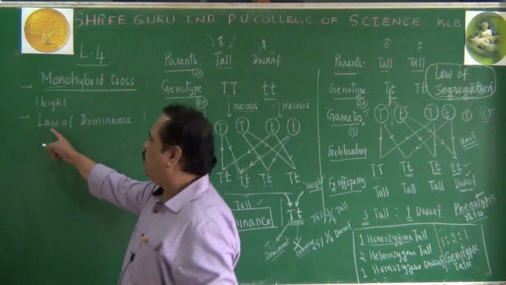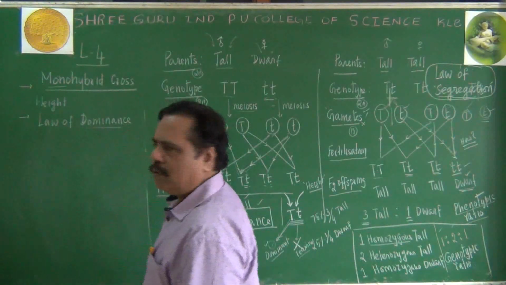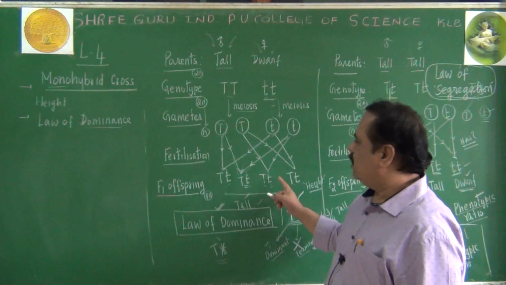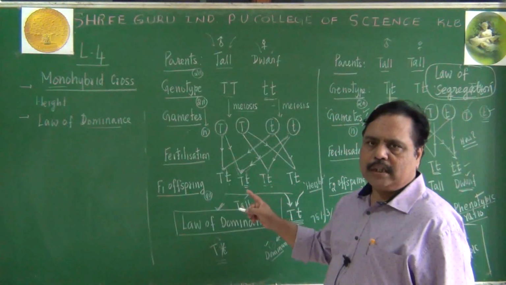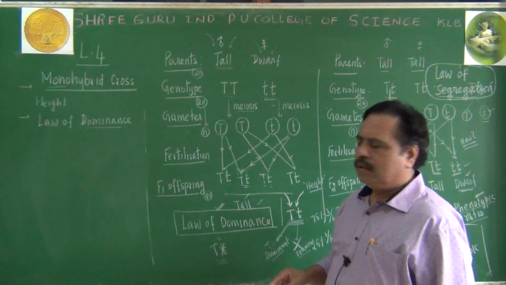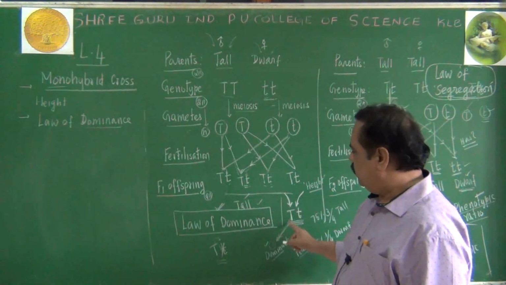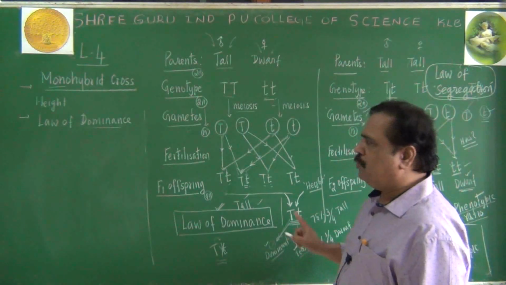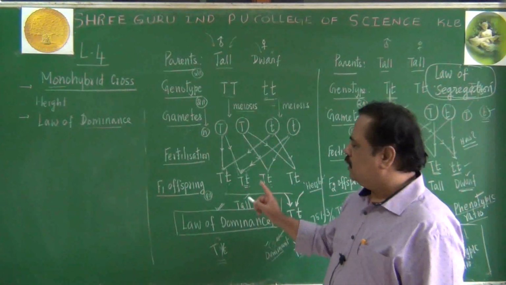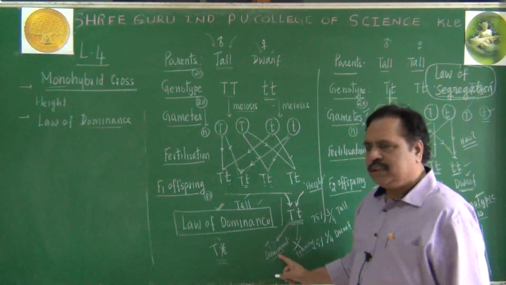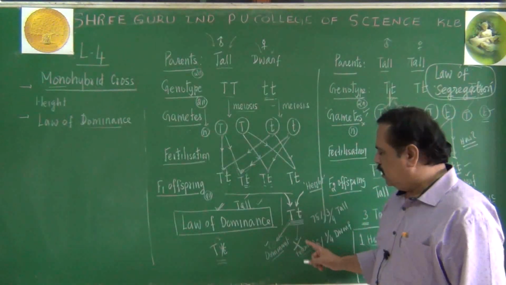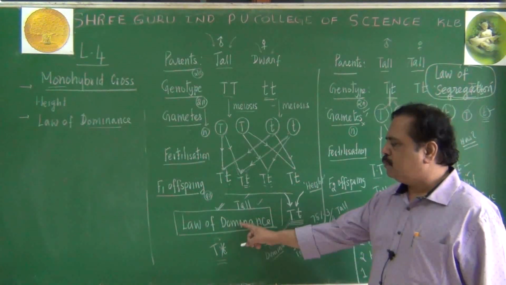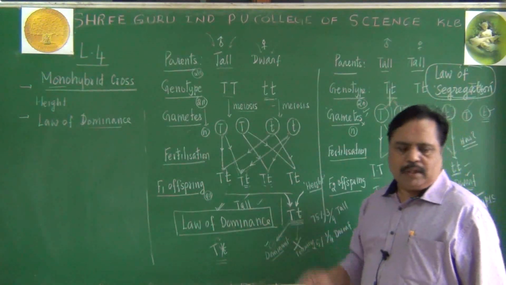So, it is law of dominance. What is law of dominance? When 2 different alleles are brought together in a hybrid, only one of them will be expressed phenotypically and the other will be suppressed.